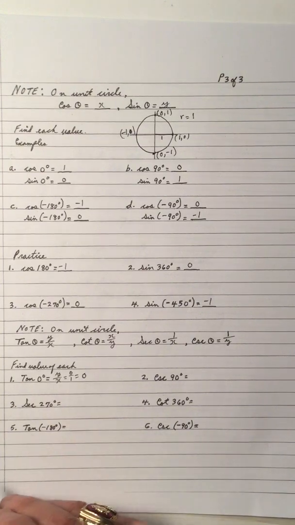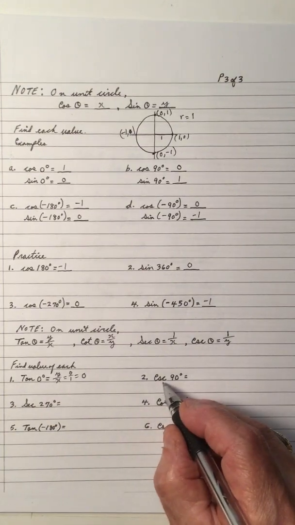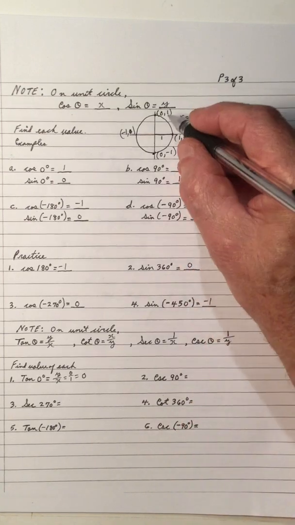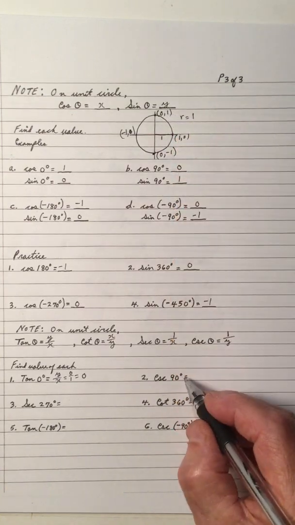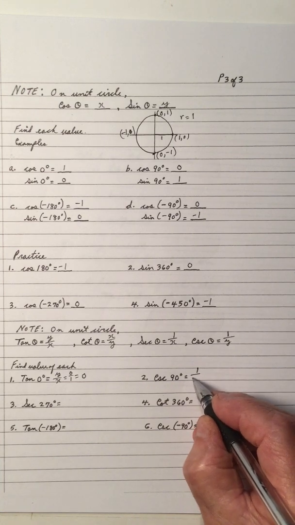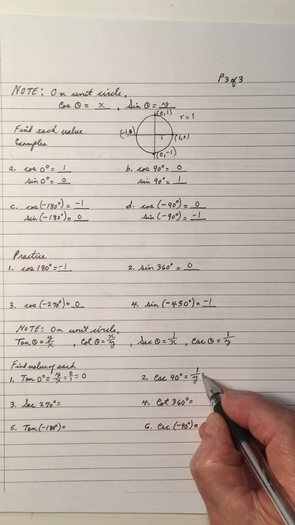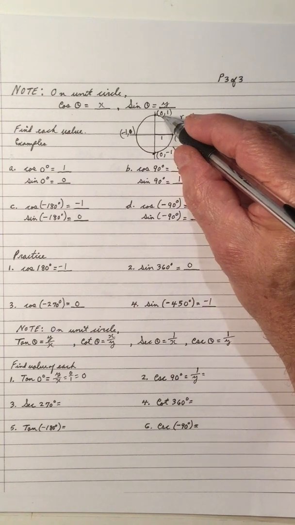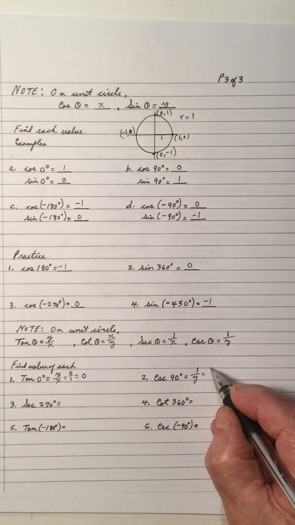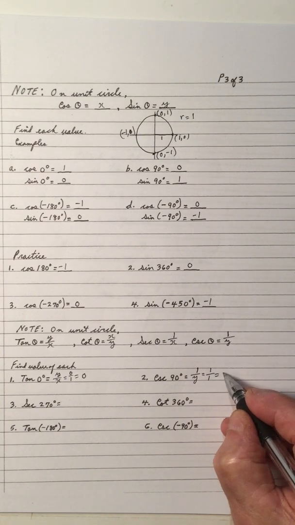Tan of 0, you should get a 0. Cosecant of 90: the 90 is (0, 1). So cosecant is the reciprocal of sine, so it's 1 over y. If you look at this point right here, (0, 1), the y is 1, so 1 over 1, which gives me 1.